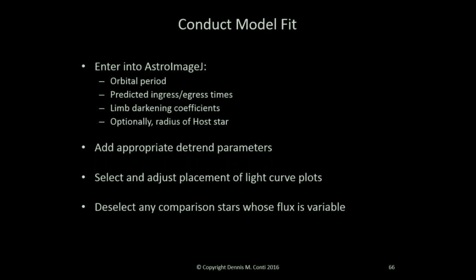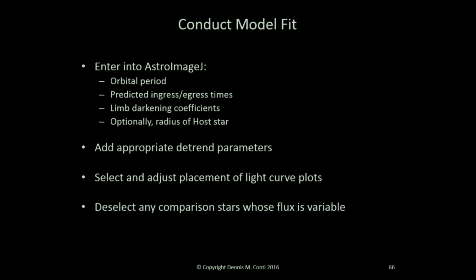Once this differential photometry is done, then AstroImageJ will be able to do a model fit. There are some prior parameters that will be entered into AstroImageJ, and these can be obtained from some of the online resources that we discussed earlier.